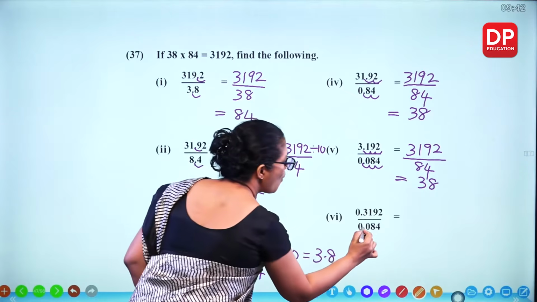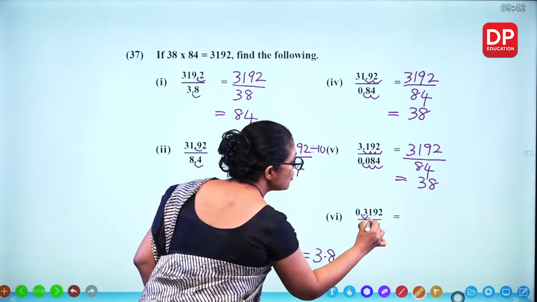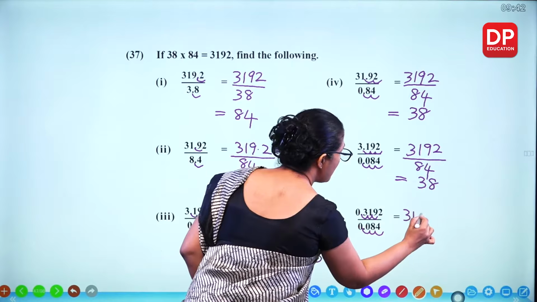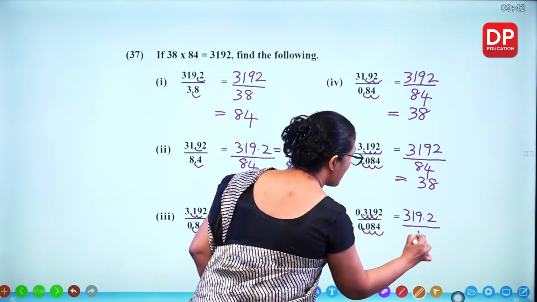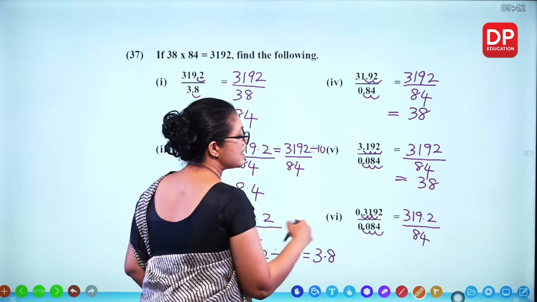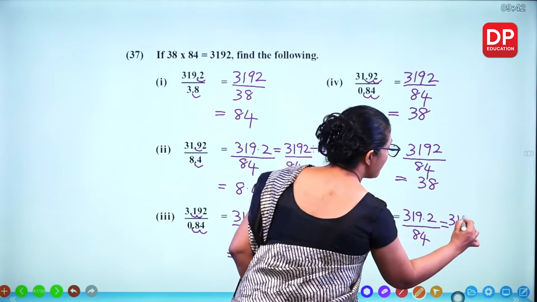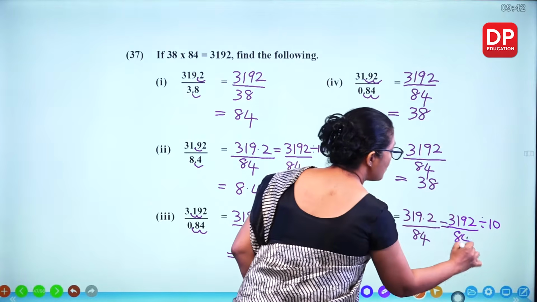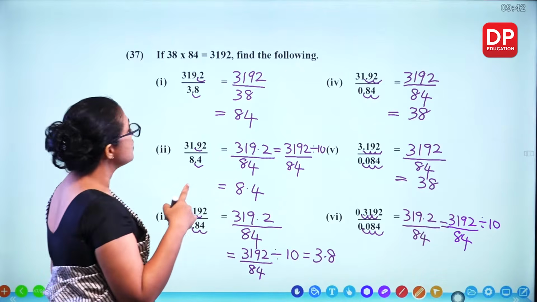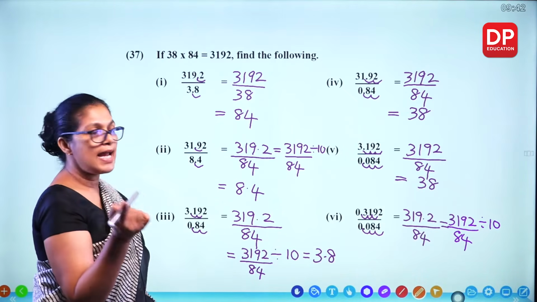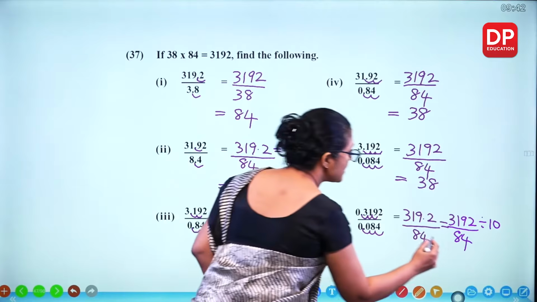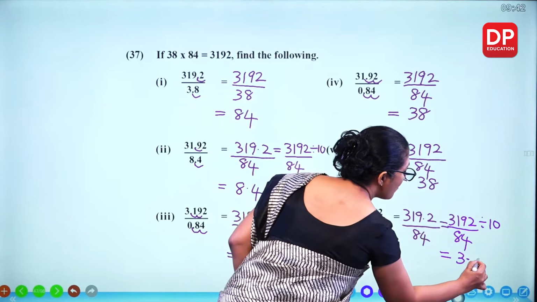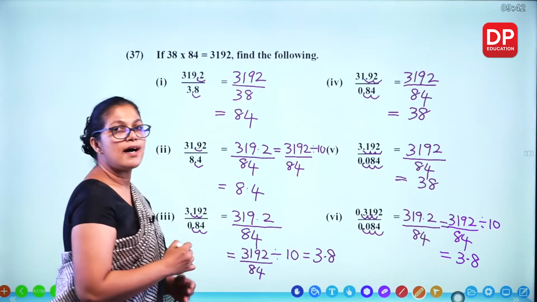This one, 1, 2, 3, 1, 2, 3. So 319.2 divided by 84. This means 3192 divided by 10. But we know 3192 divided by 84 is 38. 38 divided by 10, 3.8 is the answer.